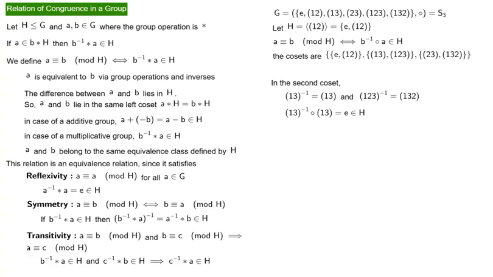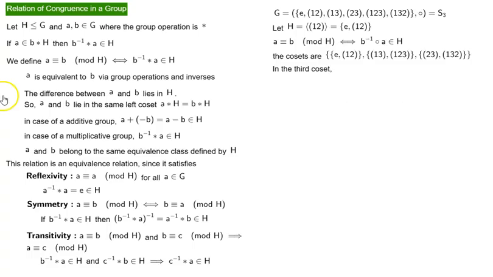Now let's look at the third coset. In the third coset, we have (2 3) inverse, that is (2 3). (1 3 2) inverse is (1 2 3).